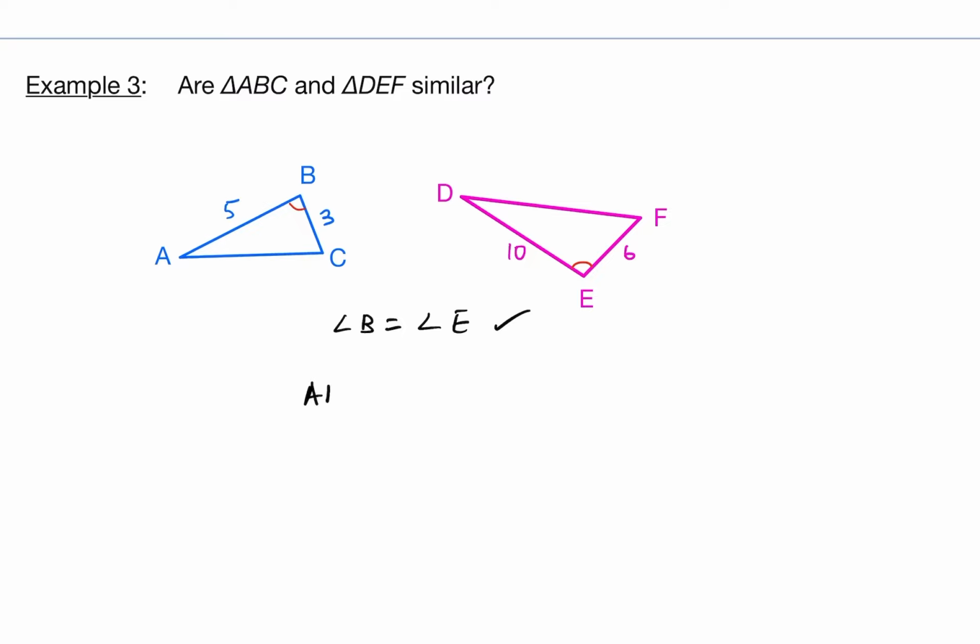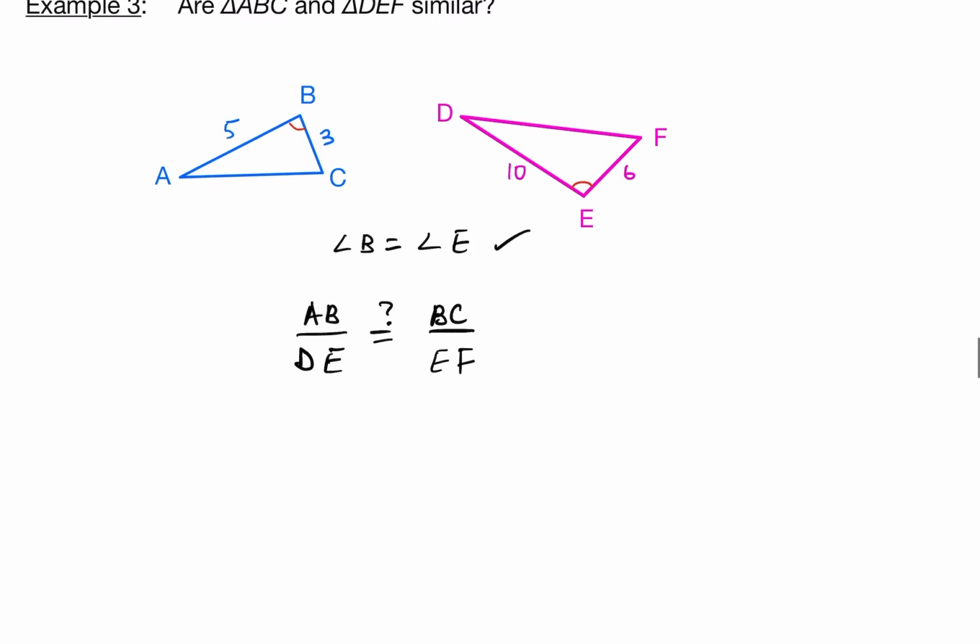So is AB over DE equal to this side, which is the other side that makes up this angle, BC, which happens to be the second and third letter? So we would write BC over the second and third letter of this triangle, which happens to be EF. So we write EF here.